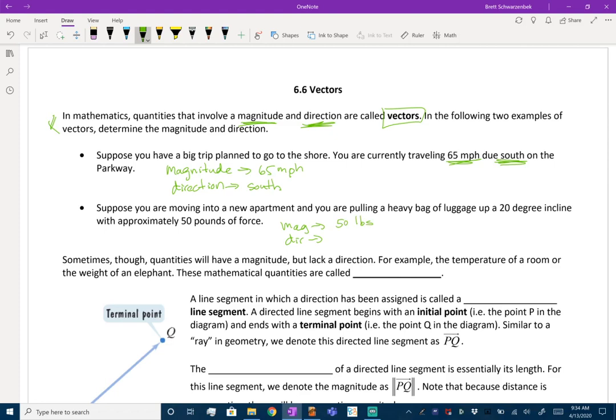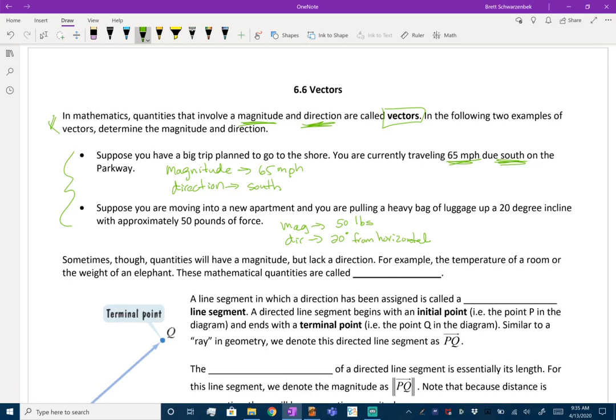And the direction of this problem isn't about north, east, south, and west, it's about an angle. So in this scenario it would be 20 degrees from horizontal. Okay, it is very different from what you're used to doing, but you'll see that these concepts are pretty simple. It's breaking things down and understanding what is a vector.